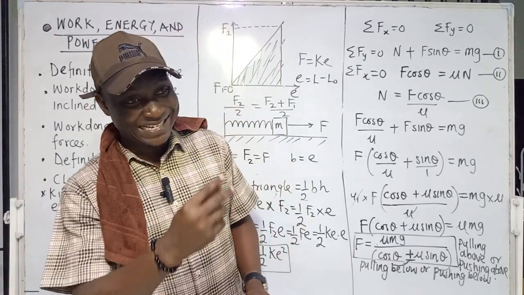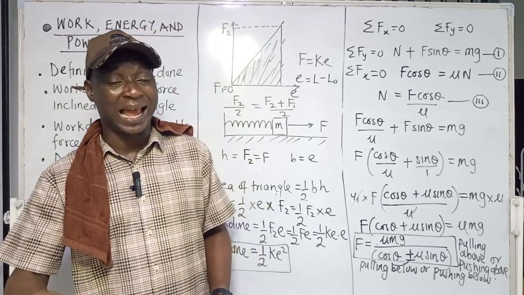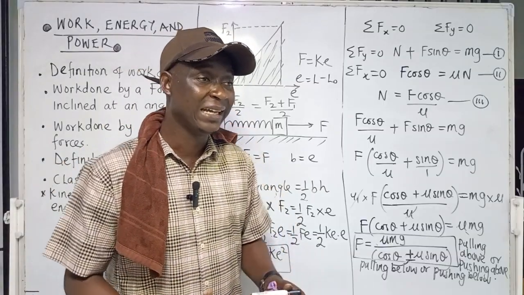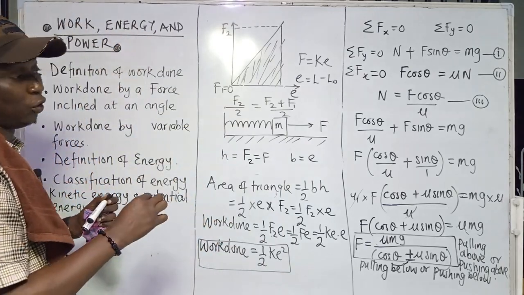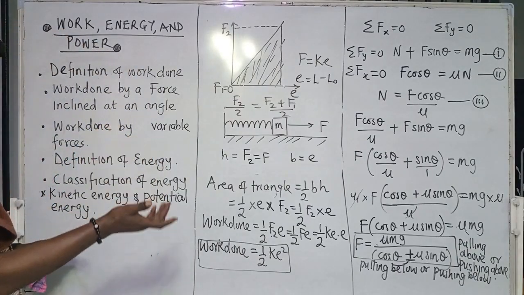That means force is required to do work, and when work is utilized, energy comes into place. So intimately, energy and work are the same. That's why we say energy is the ability to do work, and it is also measured in joules.